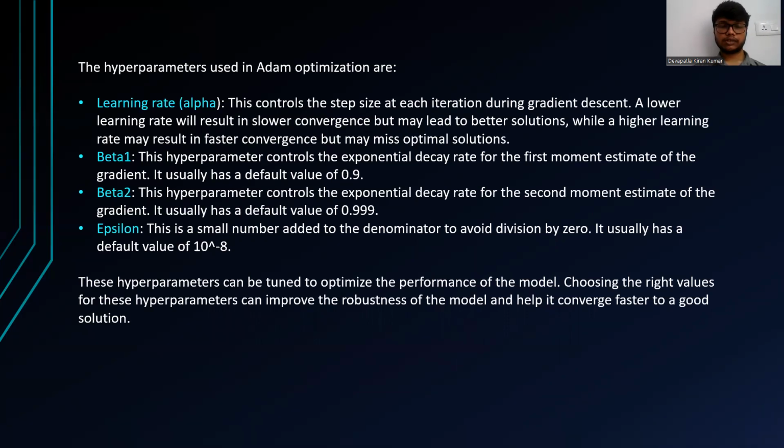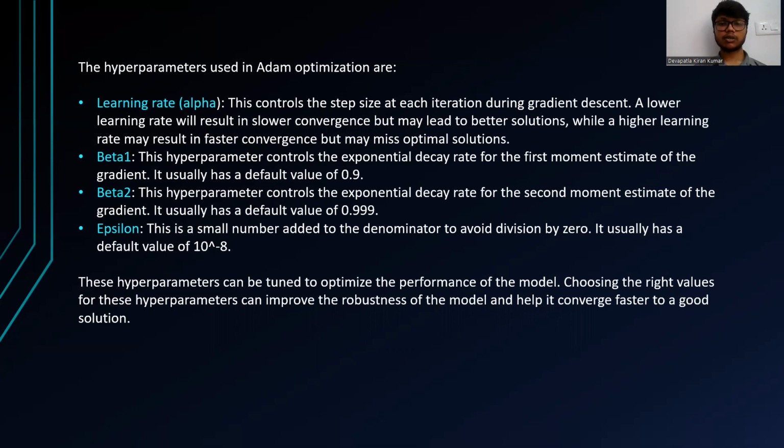Learning rate is denoted as alpha, which controls the step size at each iteration during gradient descent. A lower learning rate results in slower convergence but may lead to better solutions, while a higher learning rate may result in faster convergence but may miss optimal solutions. Beta 1.